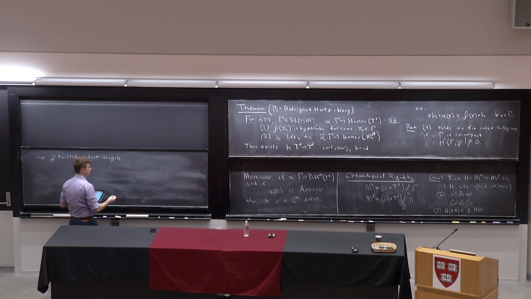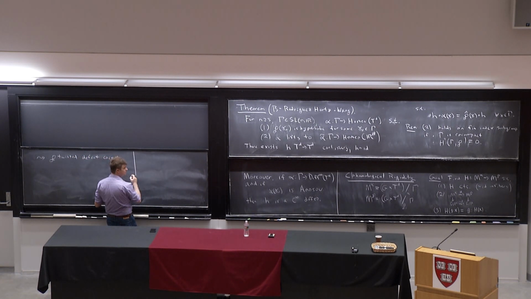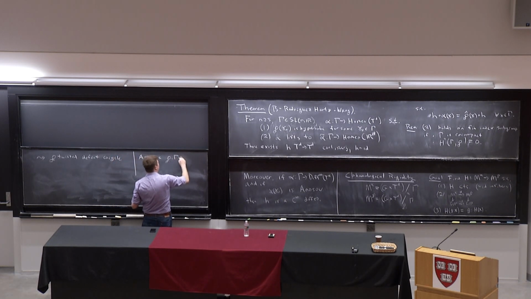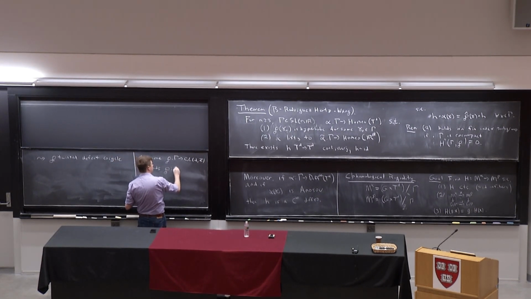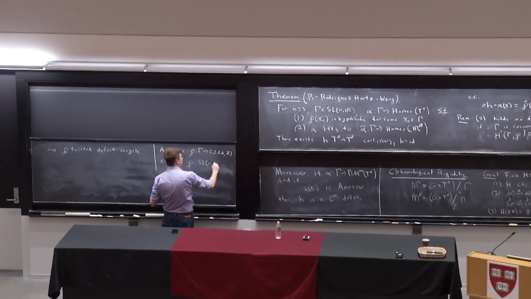And so I forgot to write some assumptions that I'm assuming here. I'm going to assume that my rho from gamma to GL(d, Z) extends. So I'm going to assume that I have the nicest version of Margulis superrigidity. It extends to a representation of the ambient group.